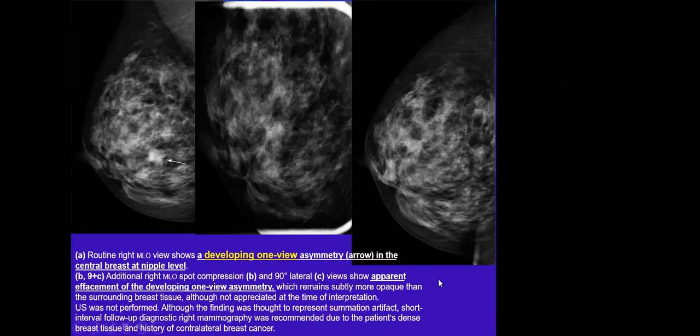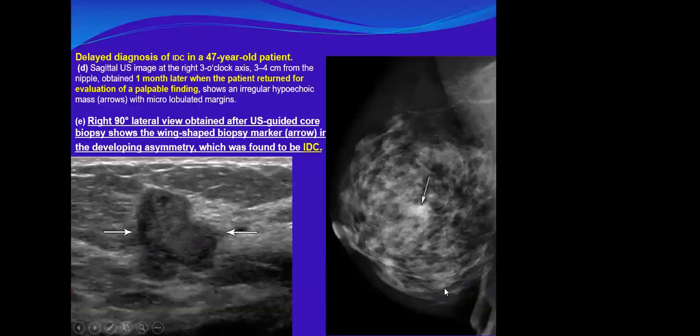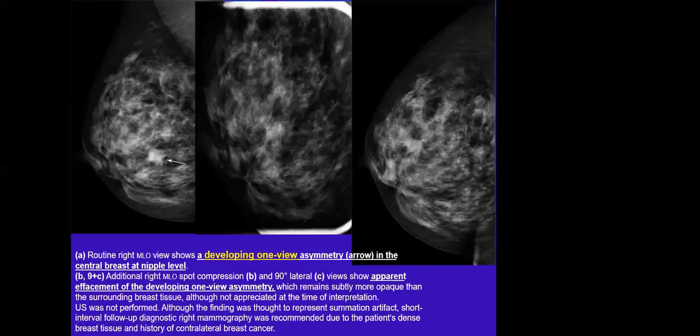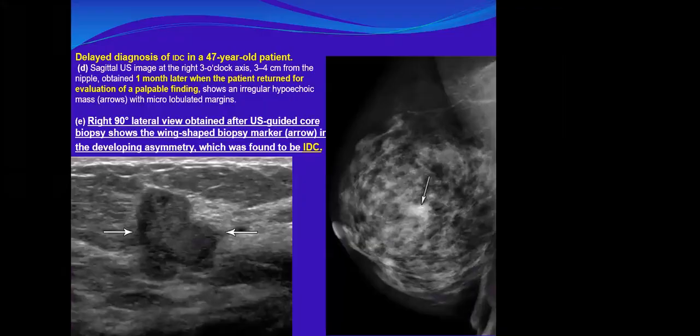Ultrasound. Yes. Ultrasound. At that time, this was one of the missed cases. They did not do ultrasound, but because of dense breast, they recommended 6 months follow-up. But after 1 month, the patient presented with a palpable abnormality and underwent ultrasound, which demonstrated an irregular indistinct mass.